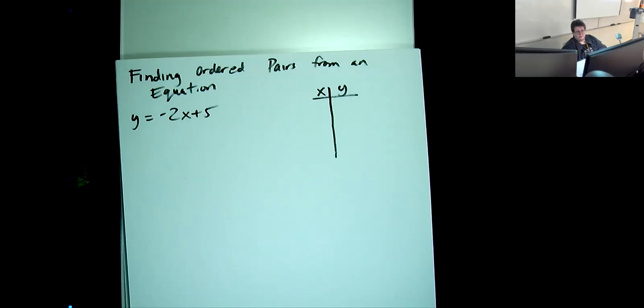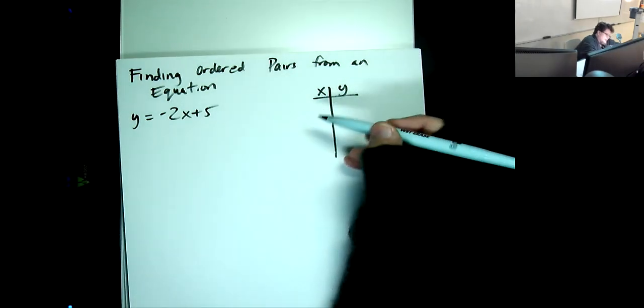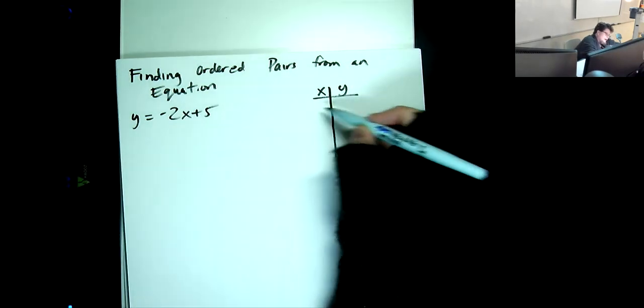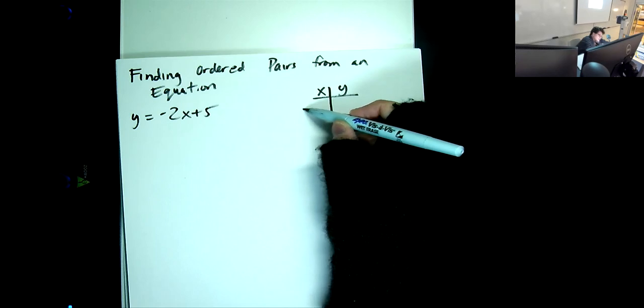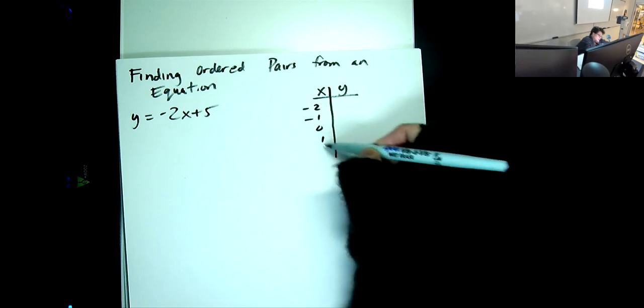I can make a table, and I can just start plugging in values. So I'll just do like -2, -1, 0, 1, and 2.